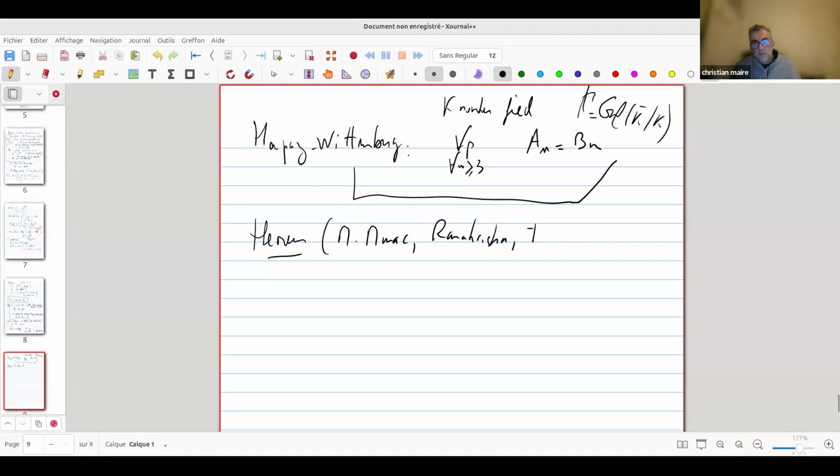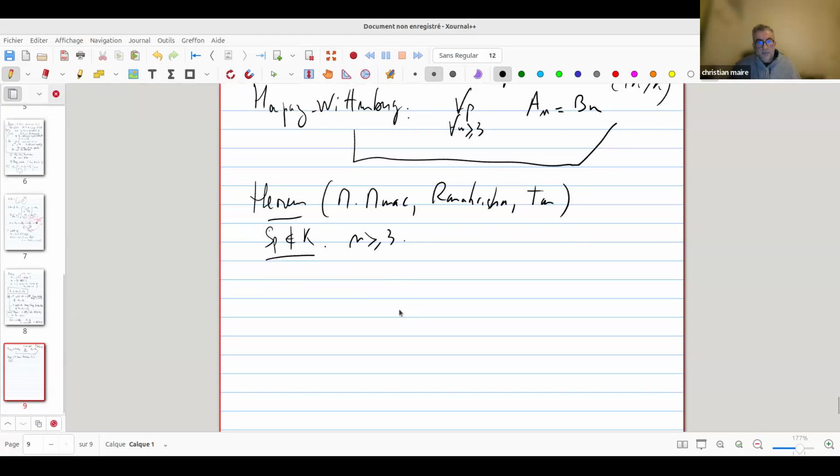With Tan, we prove very easily that if we assume zeta_p is not in the base field, you take n as you want, and gamma is the absolute Galois group of K, with K a number field.